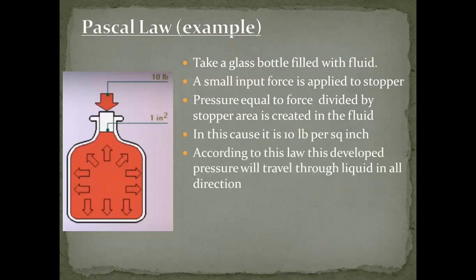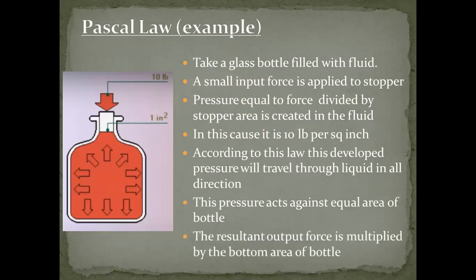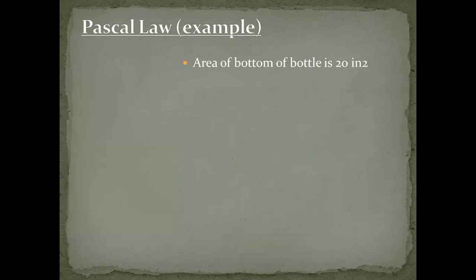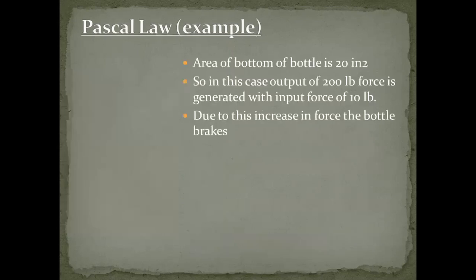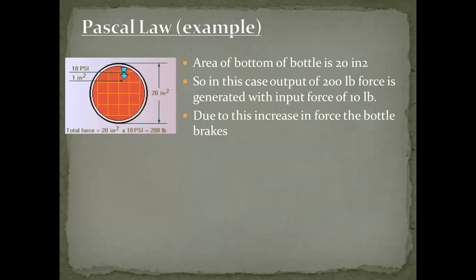When we apply the pressure over the cork, it will develop a pressure inside the bottle. This pressure acts against equal areas of the bottle, and the resultant force is multiplied by the bottom area of the bottle. So, if the area of the bottom of the bottle is 20 square inches, each square inch will receive the 10 psi pressure which we have applied on the cork.